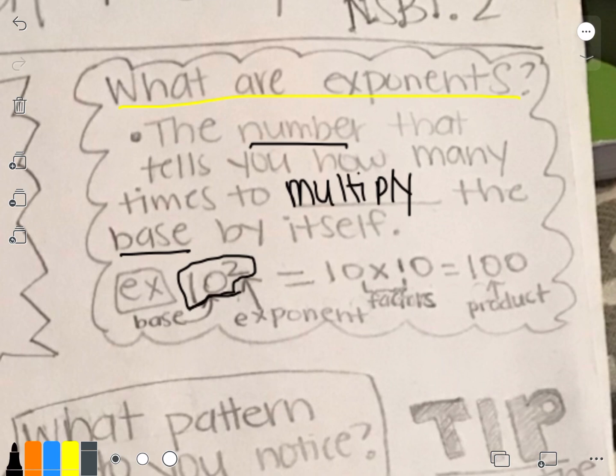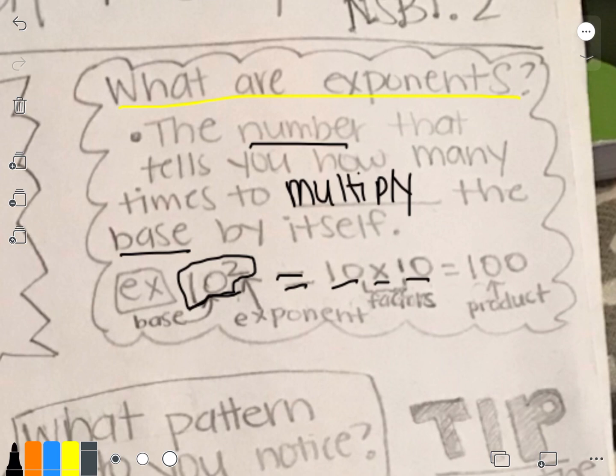So if you look at the example, it says 10 to the power of 2 equals 10 times 10. Okay, go back. Our exponent's what? Our exponent is the number 2, and our definition said I take the base, which in this problem is 10. Our base is 10. It's your big number.